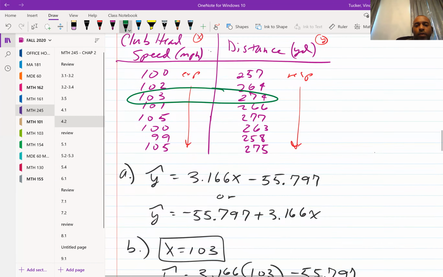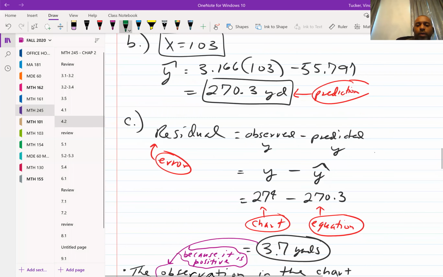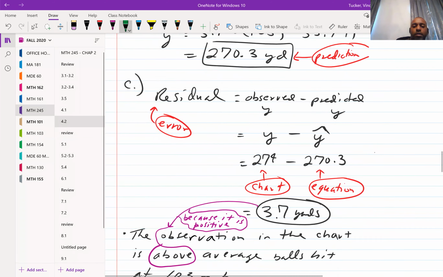That's where we got 274, and that's why I wrote chart down here. And then from the equation, 270.3. Subtract those, we get 3.7 yards.